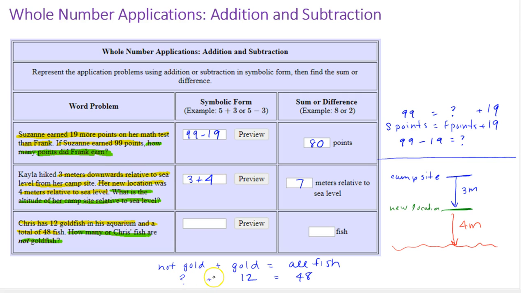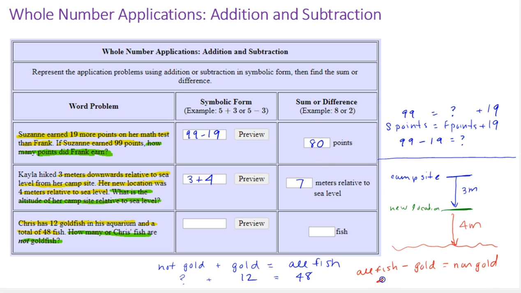Okay. So again, this scenario is sort of like this one, where the value we're trying to find, we can't add 12 to something we don't know, so we're going to have to rewrite this using a fact family, or the idea behind a fact family. Well, if the goldfish plus not the goldfish equals 48, then we can say that all fish minus the goldfish equals the non-goldfish.